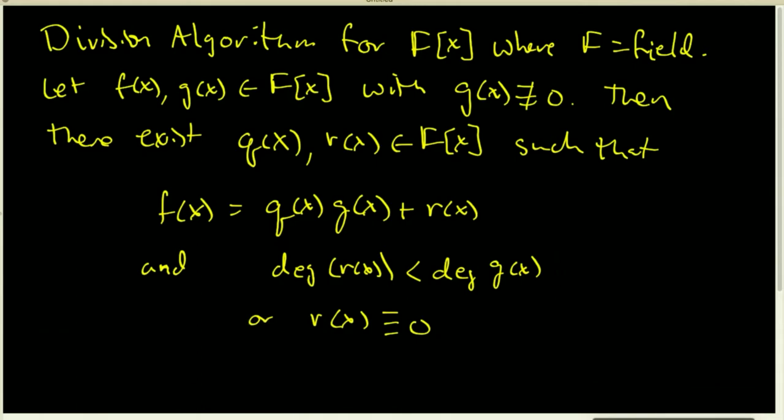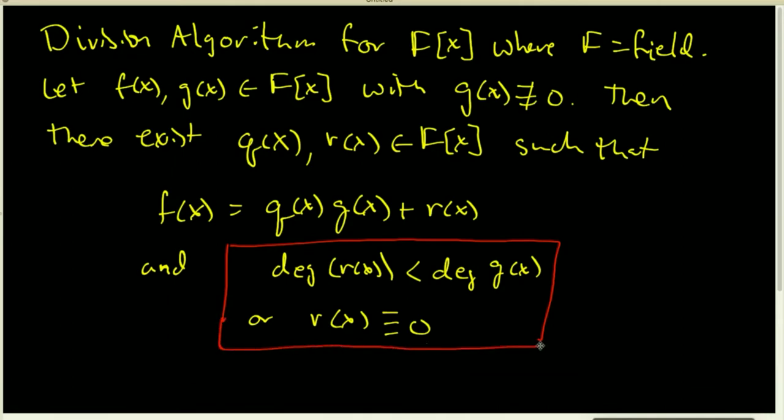Now, it's important to understand that this way of stating the division algorithm for the ring of polynomials is slightly different from how the author stated it back in chapter 17. But it has the advantage that this "or" means we can now define the degree of the zero polynomial to be equal to 0 if we want to.